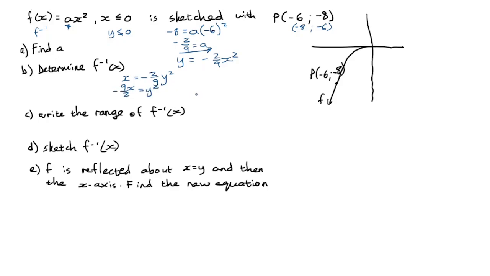And if I need y by itself, I'm going to square root both sides. And I've noticed, because I was fastidious in the beginning, that the restriction of the inverse is that y must be less than or equal to naught. So when I square root and I get plus minus, I'm only going to choose the one where y is less than 0, the negative. And so it's y equals negative square root of negative 9x.